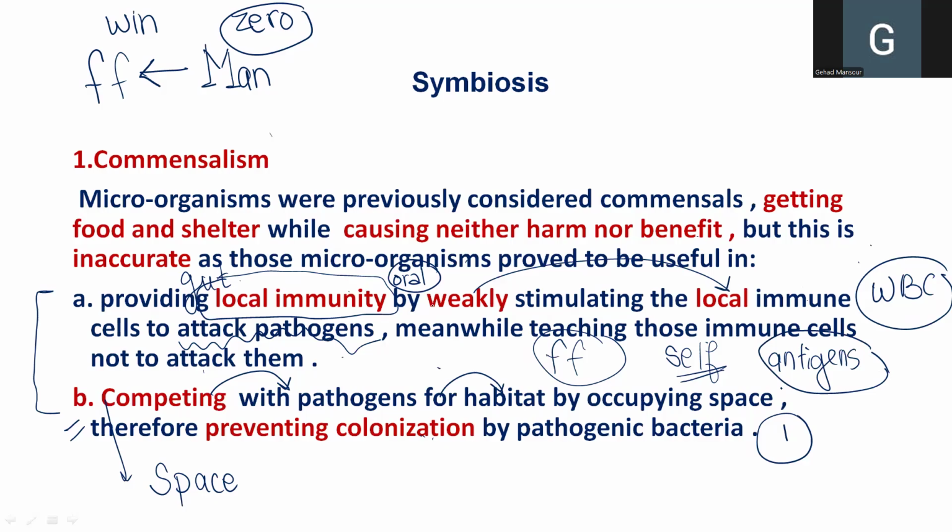And as we said before, the pathogens themselves should have common antigens with the friendly flora. Again, what is an antigen? An antigen is a substance that is capable of awakening or stimulating the white blood cells.